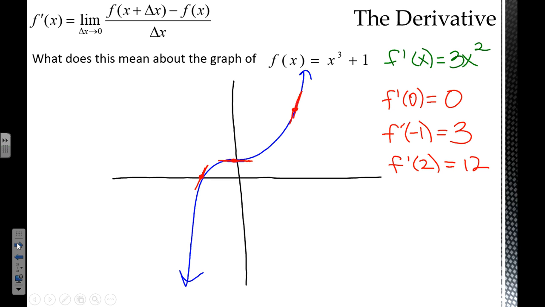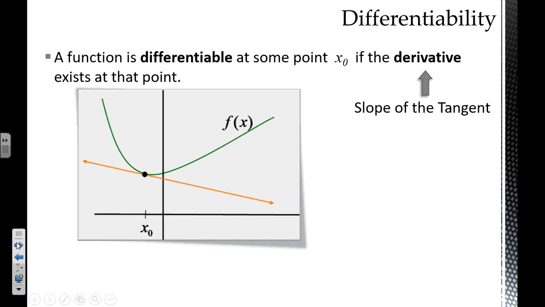Let's talk about times where we cannot find a derivative. Okay? So a function is what we call differentiable at a point if the derivative exists there. So a function is differentiable if the derivative exists.